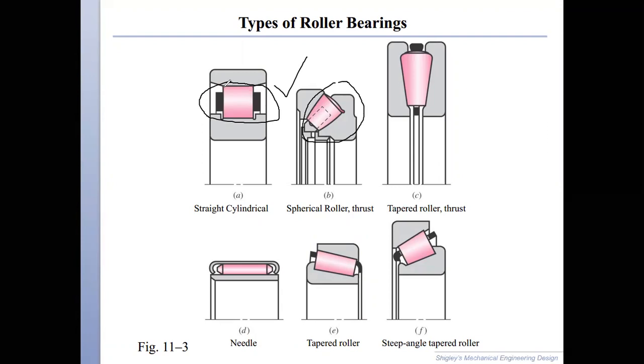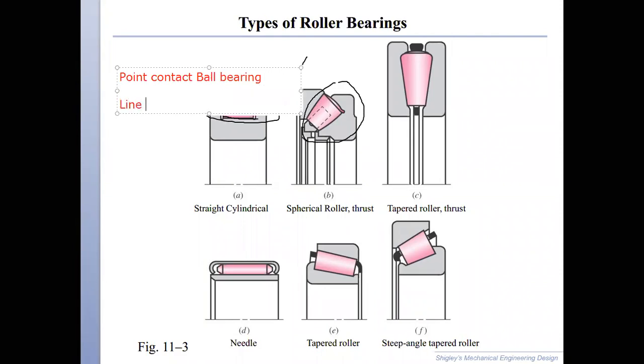If you look at the contact, since it's a roller, the contact between these two surfaces and the roller is a line contact. So we talked about point contact in ball bearings, and we have a line contact in roller bearings, right?